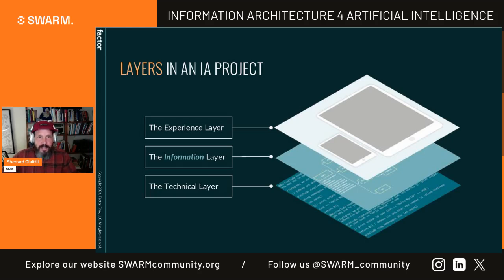Now you can see that an information architect sits nicely between these two spaces, almost as if to beat you over the head with the idea that the information architect oftentimes sits in between UX teams and IT, and has to coordinate with both to develop the information layer.